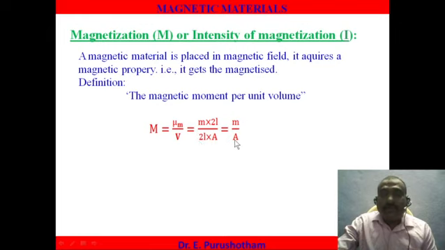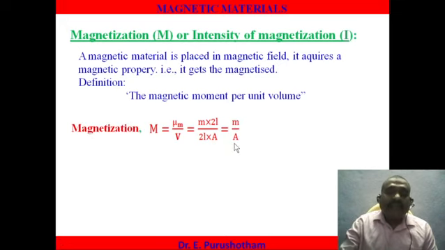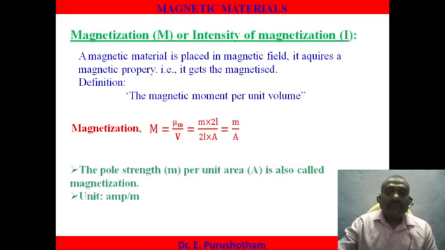This is m by A. So another definition of magnetization: the pole strength small m per unit area is also called magnetization. So this is ampere meter, this is meter square, meter gets cancelled, so the unit is ampere per meter. So m, that is pole strength, ampere meter by meter square.